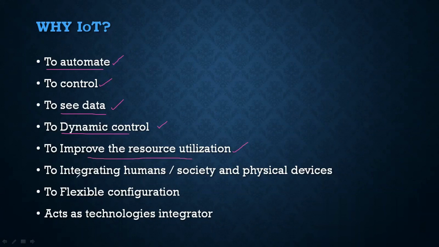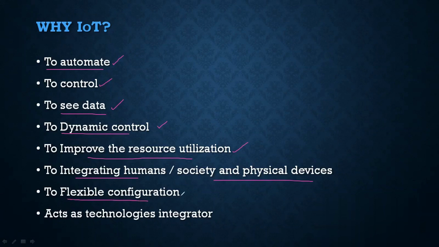Next thing is to integrate humans and physical devices. By using IoT, you can effectively use the resources or the physical devices. That is the meaning of integrating humans and physical devices together. Next thing is flexible configuration.